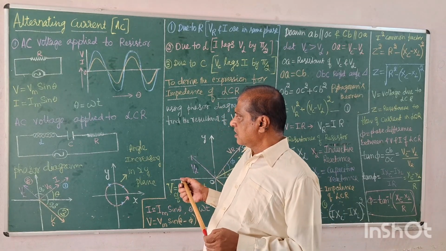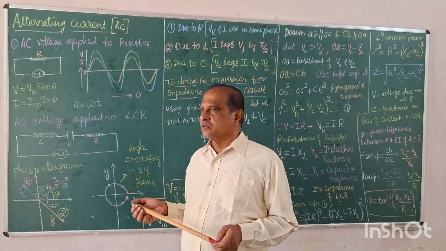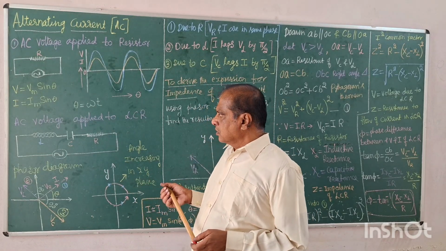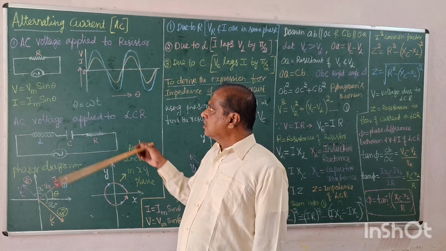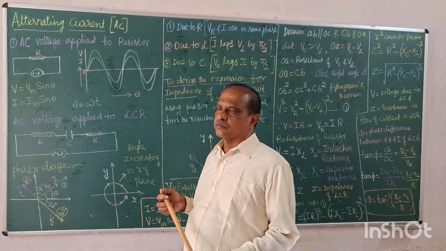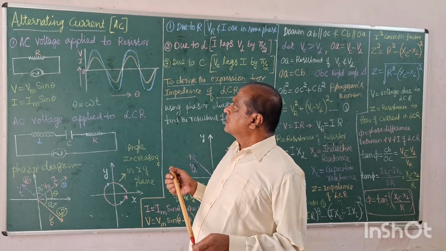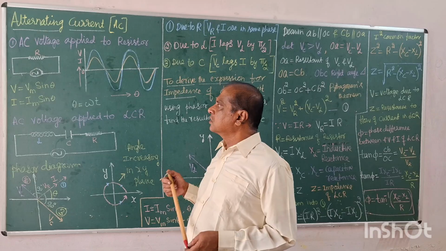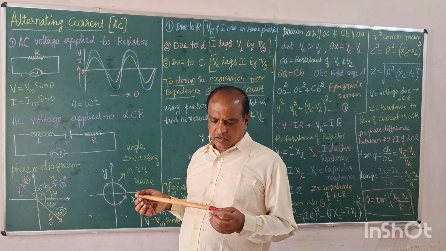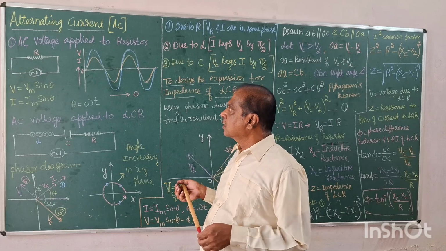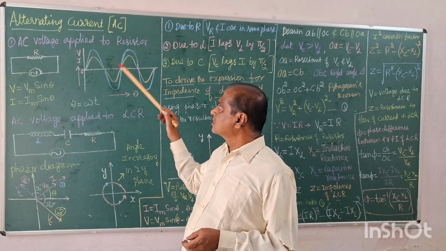To understand that, let me recall the previous classes. If the AC circuit has only a pure resistor, you know that in that circuit, as usual, we have two signals, the voltage signal and the current signal. They are in sinusoidal form, like this.